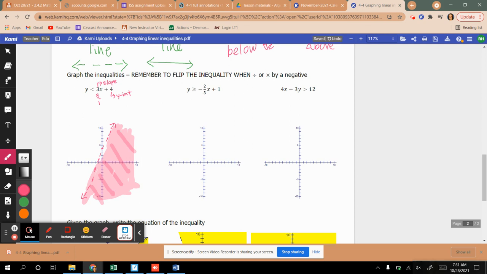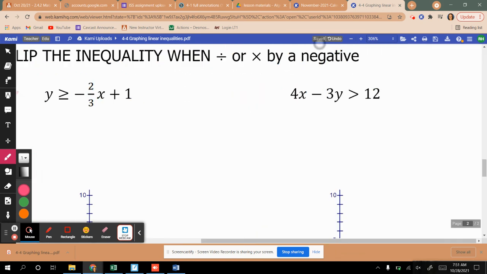All right, I want you to do this one on your own, and then we can talk about this one real quick. So 4x minus 3y is greater than 12. That's not in y equals mx plus b form, but you can still solve it to get in that form. You're going to work with it just like you would an equation with an equal sign, solving for y.